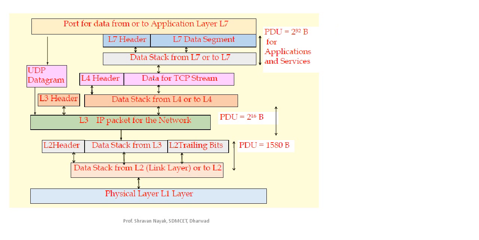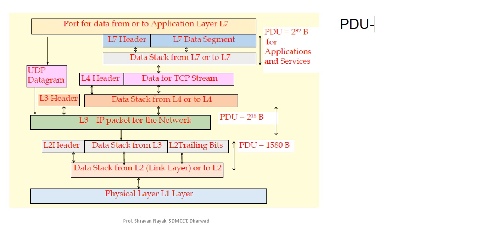Now basically we start from one unit here, called the PDU, as all of you know. That is the protocol data unit. What exactly is a protocol data unit? If you look at this particular diagram, it will give you an idea about the communication between a source and destination in the internet layer, and it also shows the PDU at different layers.